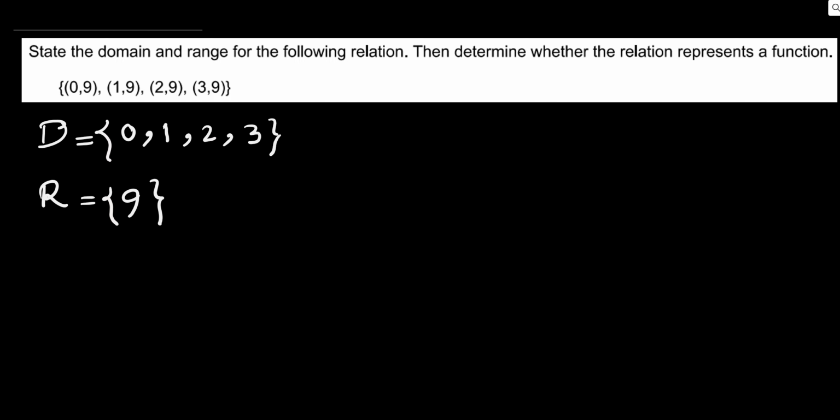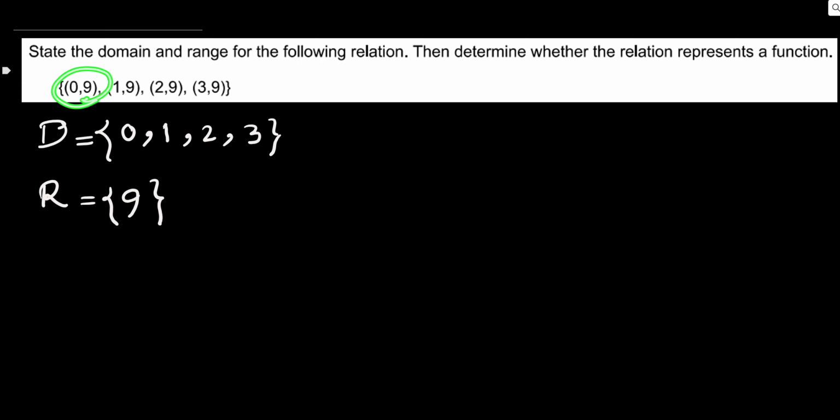When we have a relation and we want to check if this relation is a function or not, our job is to look at the domain: 0, 1, 2, and 3. If there is any pair with the same exact domain, for example 0 and 1, and you see 0 two times as domain, 0, 9 and 0, 1, then your job is to check if the second components are equal to each other or not.